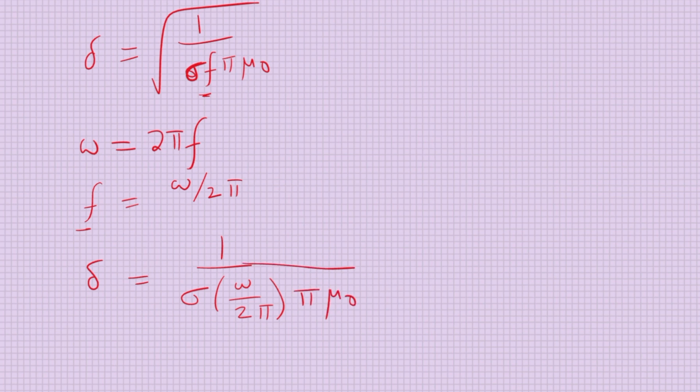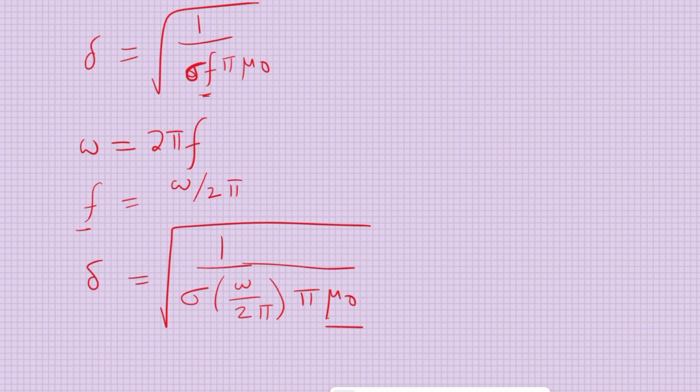Here in place of mu naught, you can also put mu 0 mu r. We have not put it here because we assume that mu r is 1. If the mu r value is not 1, we can substitute the mu r value as well. This is the relation after substituting the frequency f.